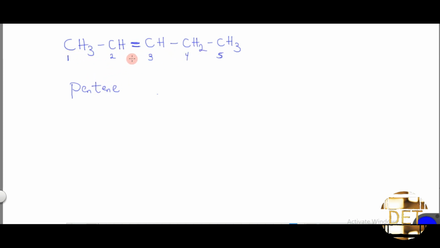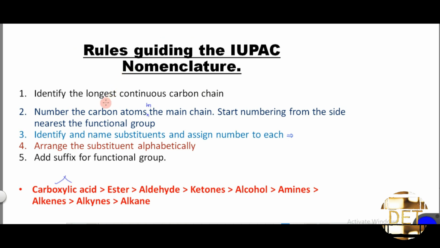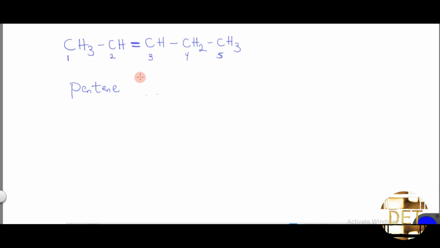But this is not yet the IUPAC name. The next thing is to identify and name the substituents and assign numbers to each. There is no substituent, so there is nothing to arrange alphabetically. Then we add the suffix for the functional group, which we have already done: it is a pentene. So what position is the double bond? 1, 2, so it's at position 2.